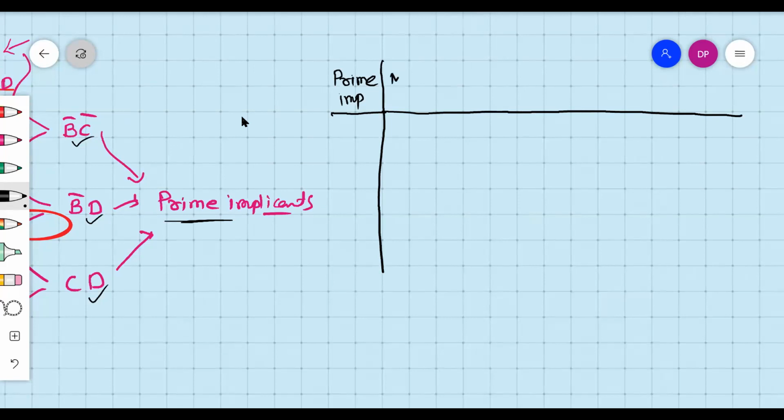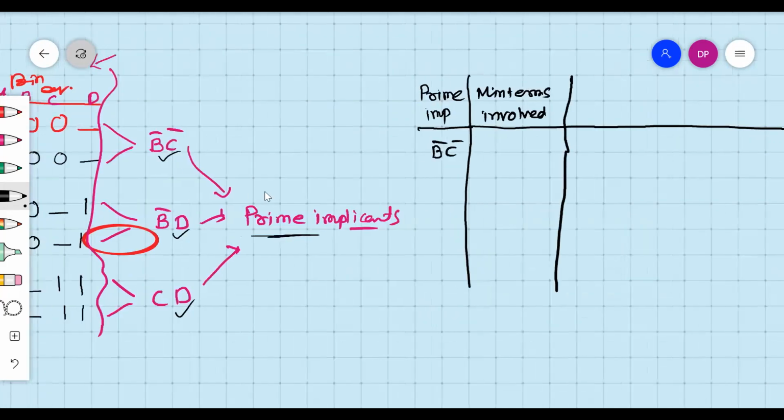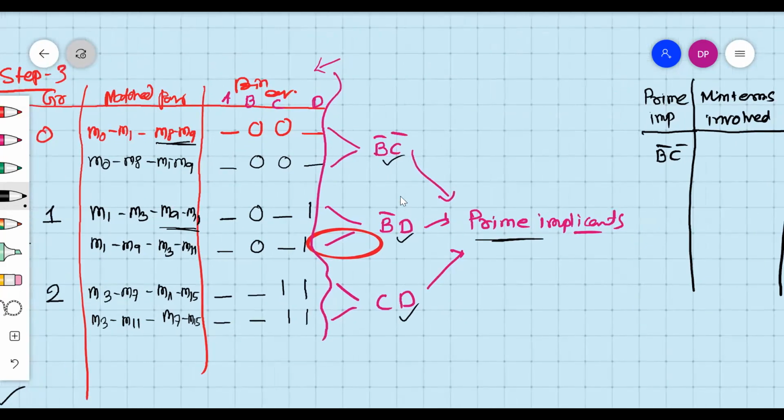Then we will take the min terms involved in this. So the prime implicants we got are B complement C complement. What are the min terms involved in B complement C complement?